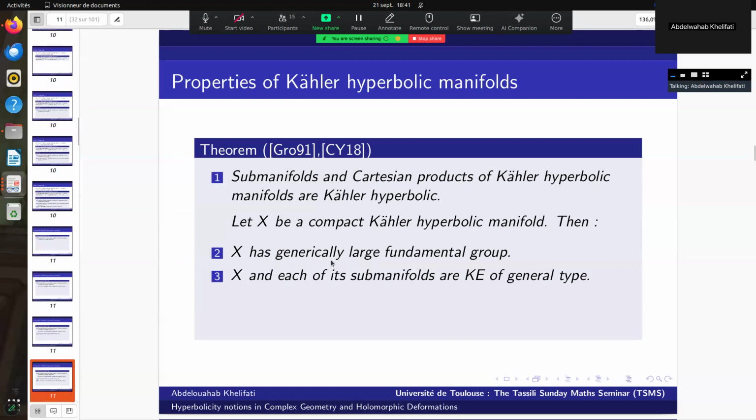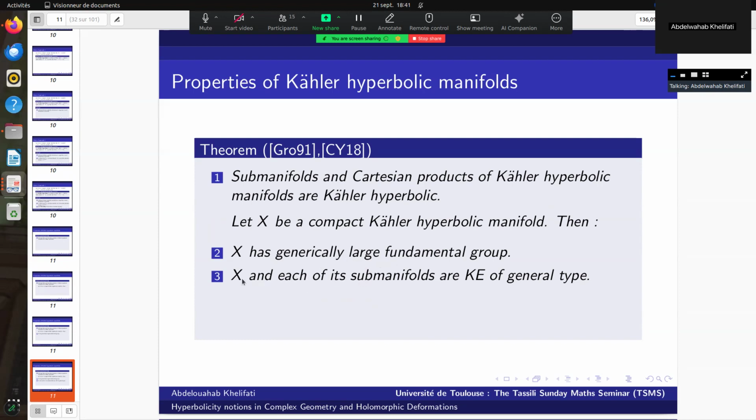Another property partially answers a question asked by Green and Griffiths and Lang. It is conjectured until now that when a manifold is Kobayashi hyperbolic, then it is of general type, and so are its submanifolds. This is a conjecture, but it has been answered positively in the Kähler hyperbolic case.